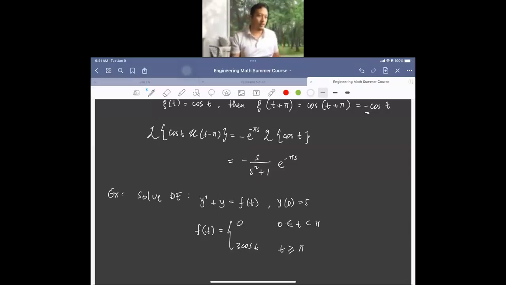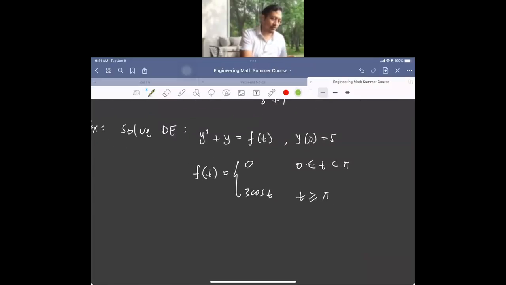So first, what can be written within this Heaviside? Practically, we can write this as, this is the original when we have 1, right? So we write this 3 cos t, and look at this, we have a is pi, right? So we can write the Heaviside t minus pi, and that's our function, okay?